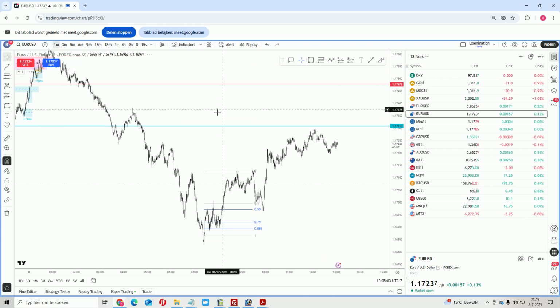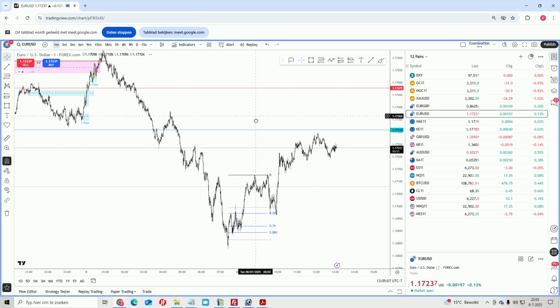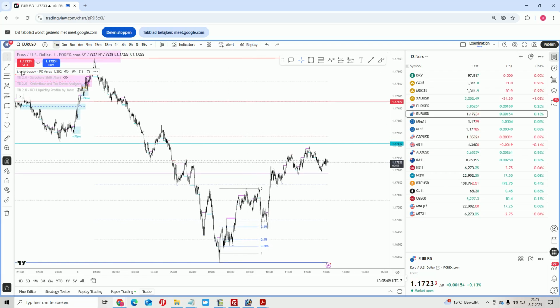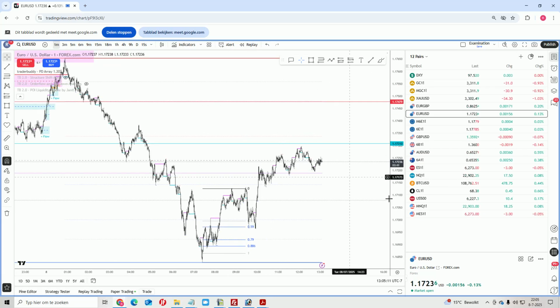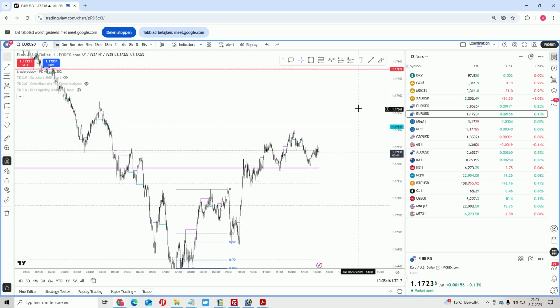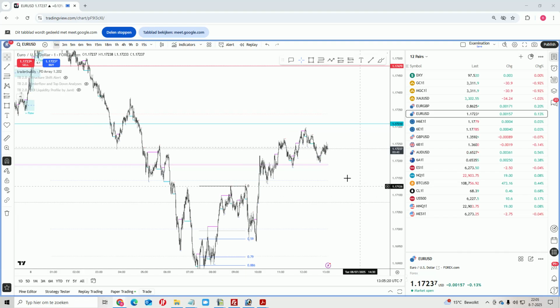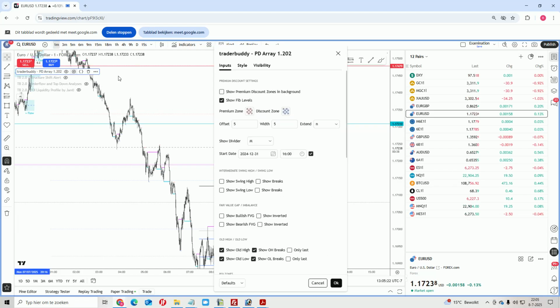And let's wait till our indicator updates the levels. Okay, here we are. Okay, that is the fib levels.